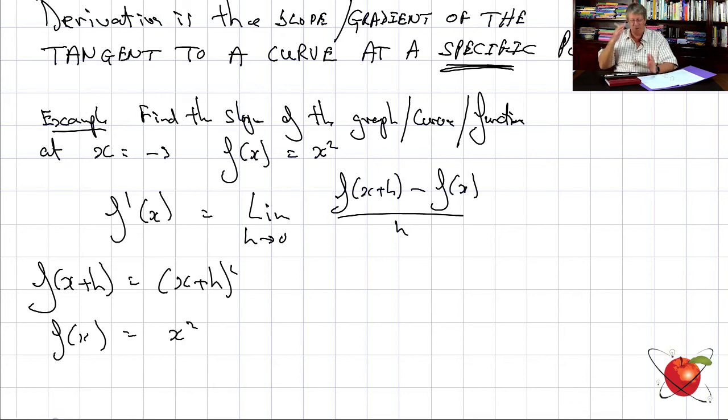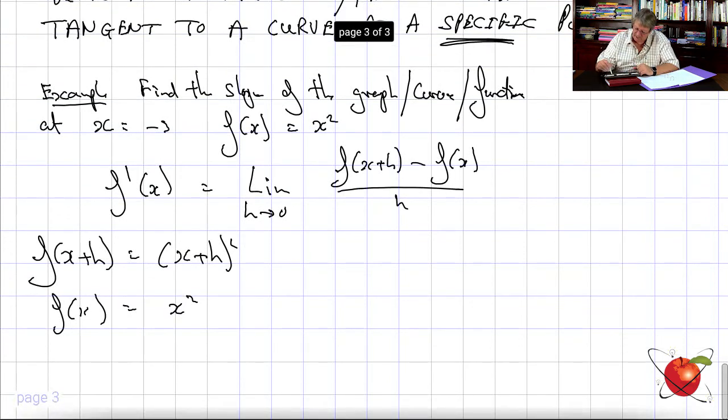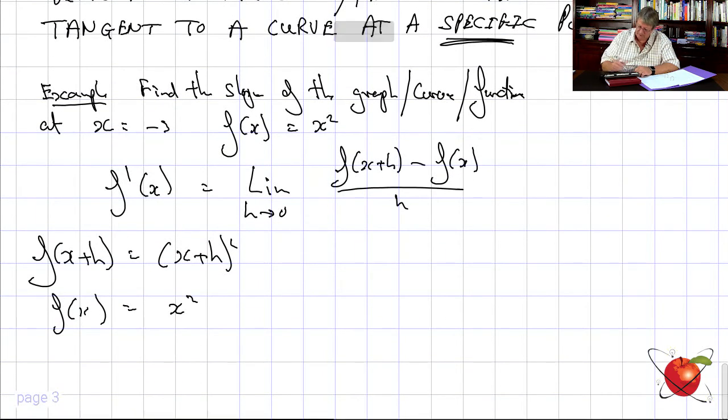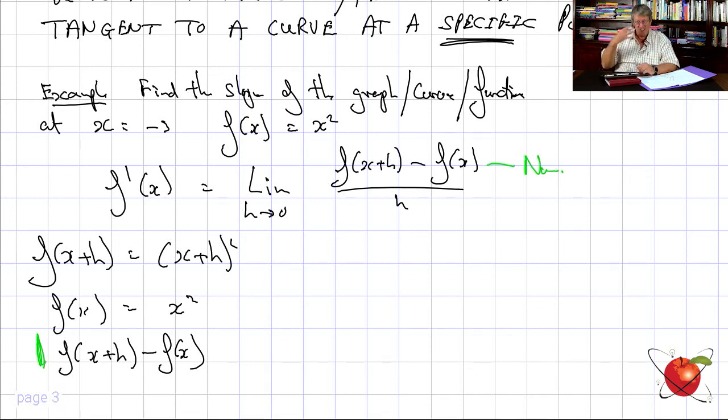Doesn't matter if you put them the other way around, really. Just then say to yourself, my next step is to work out what is f of x plus h minus f of x. What am I doing? I am working out the numerator. I'm calculating it here just to make it simpler for myself, so I don't get confused.